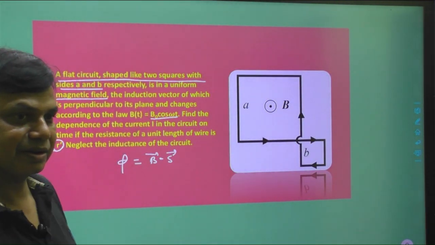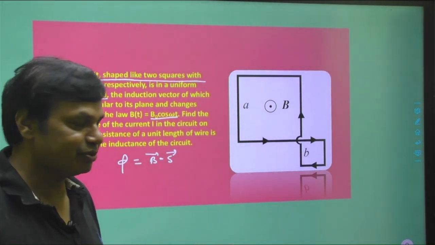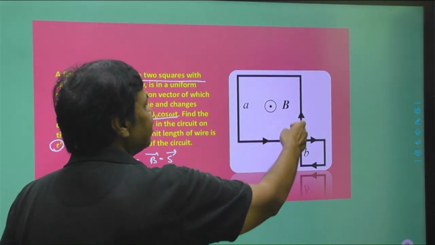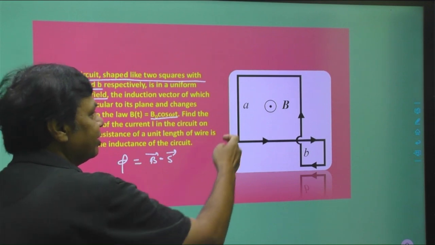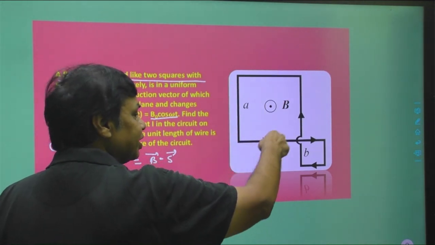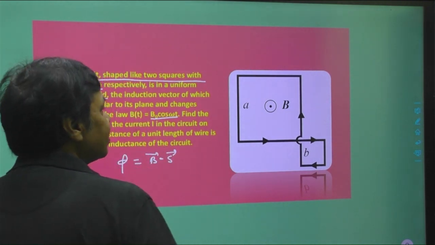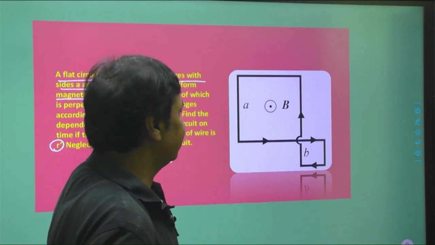So if we consider them two loops, and since these two are part of the same circuit, if I consider this a separate loop and I move through it in anti-clockwise direction, the area vector of this is going to be like this.